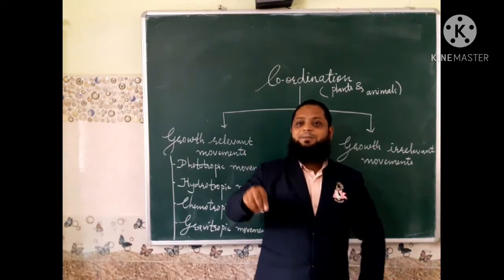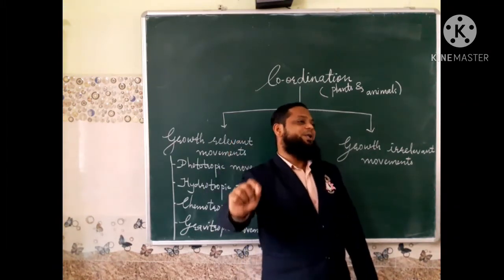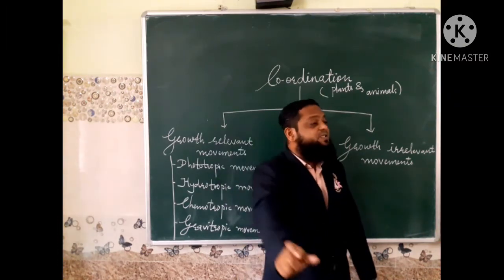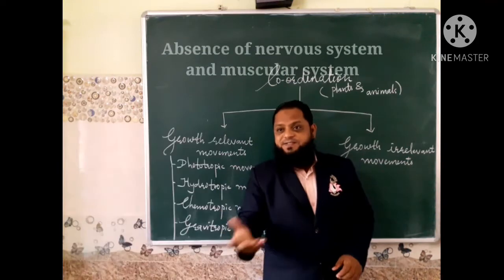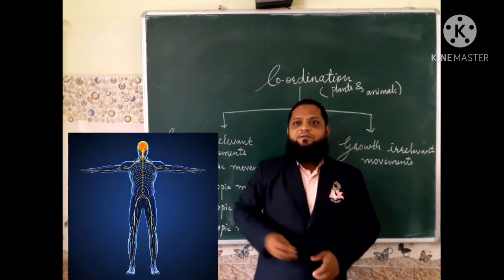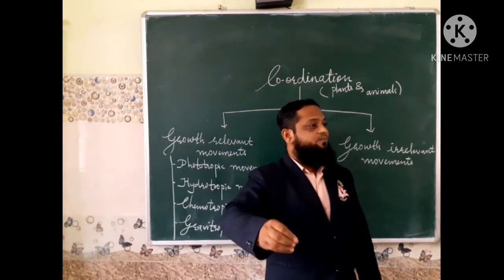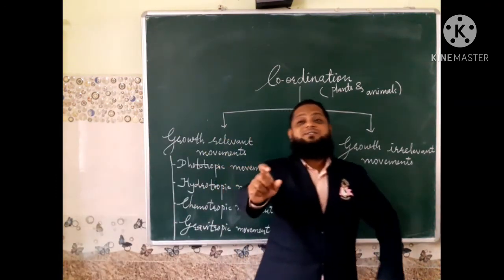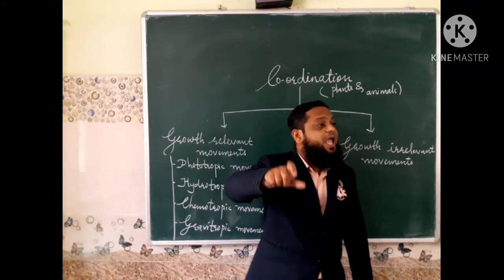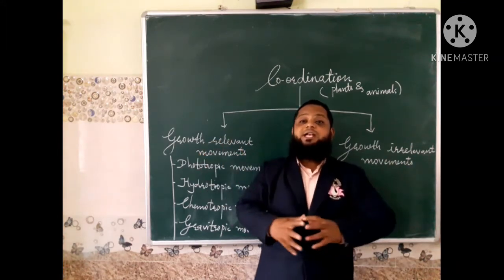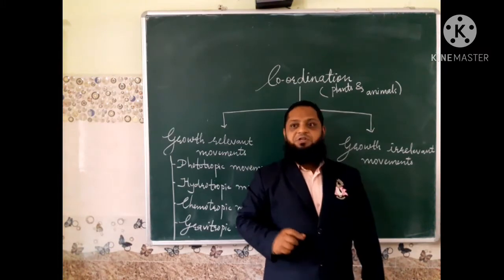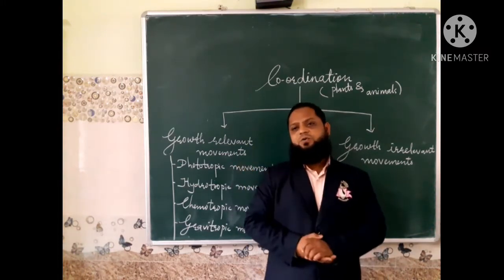In short, plants also coordinate. Even in plants there is an absence of a nervous system and muscular system. Why is this important? Dear children, the nervous system is present in animals, which helps the animals to coordinate sequentially and systematically. The nervous system plays a very important role.